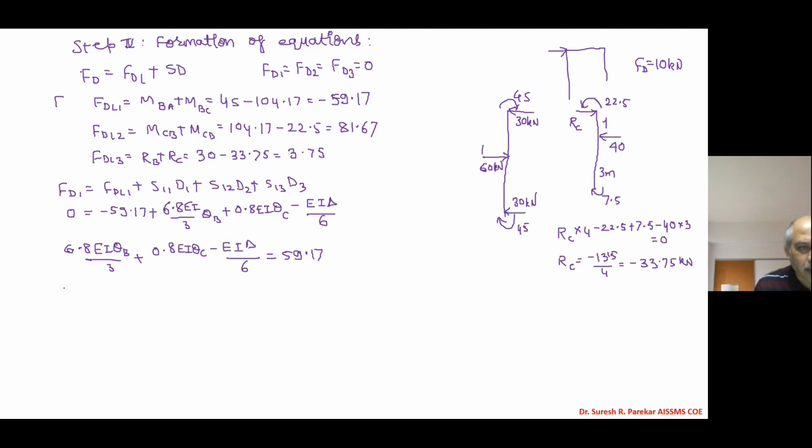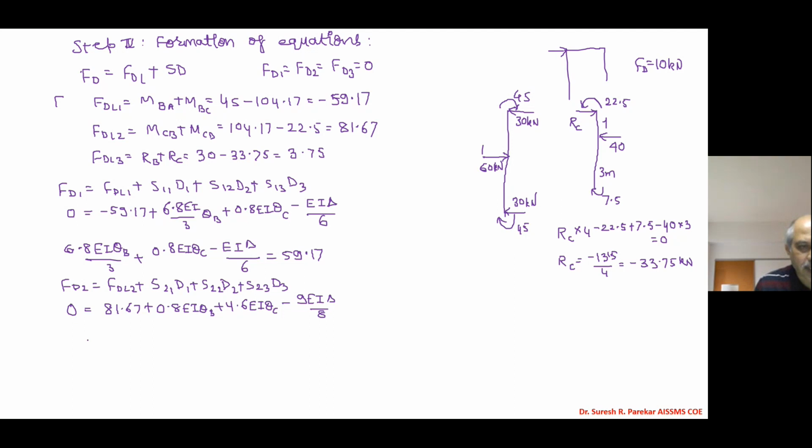Then we have FD2 is equal to FDL2 plus S21 D1 plus S22 D2 plus S23 D3. And then if we take FDL2, or we write 0 equal to FDL2, we have 81.67 plus we have 0.8 EI theta B, then plus 4.6 EI theta C, and then minus 9 EI delta by 8.